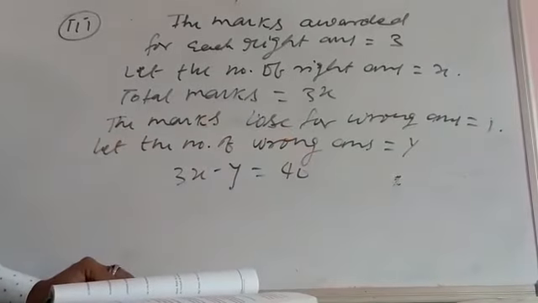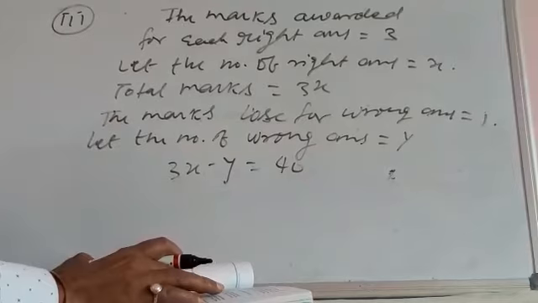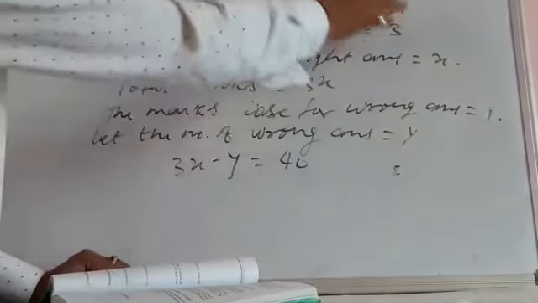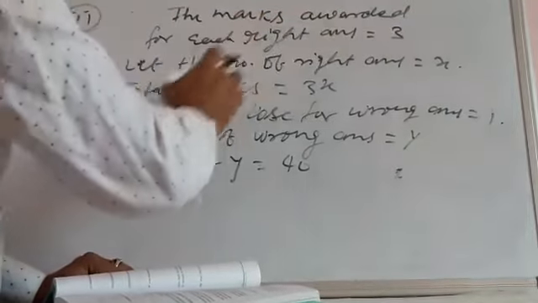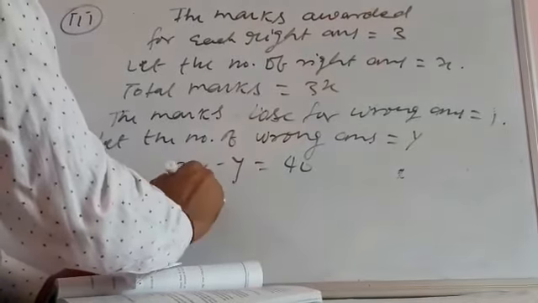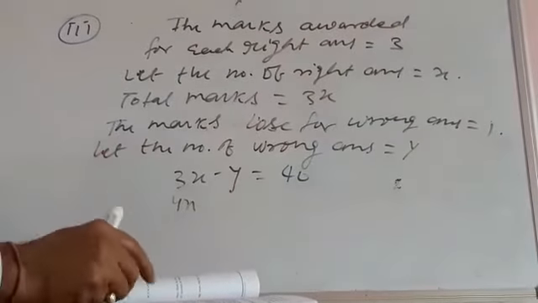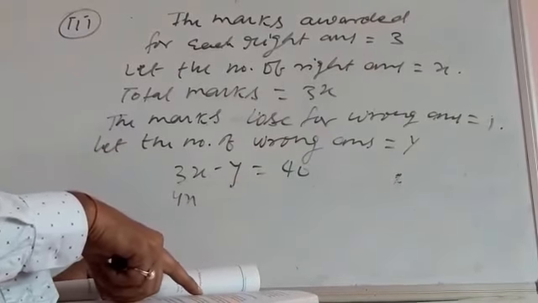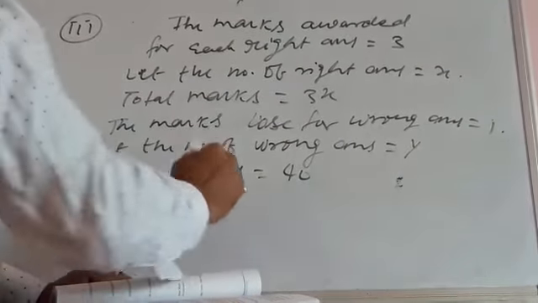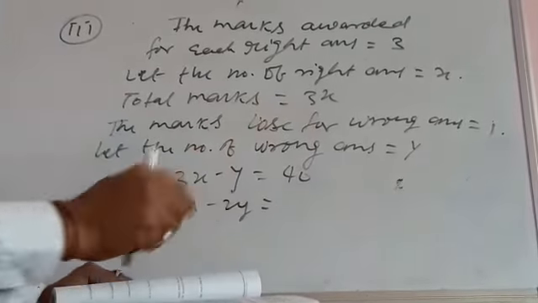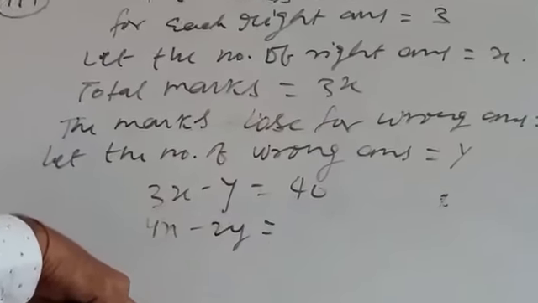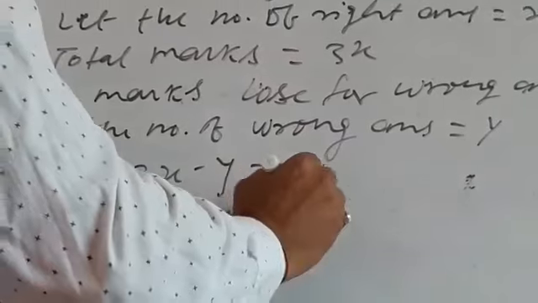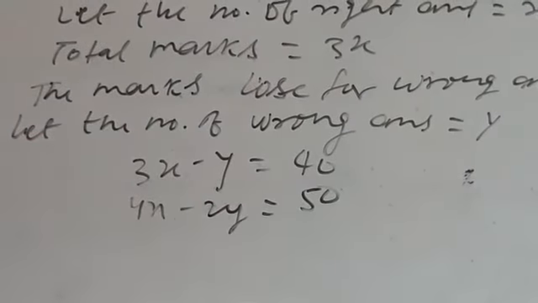This is one condition. And what is the other? Had 4 marks been awarded for each right answer and 2 marks lost for each wrong answer, so this is 4X minus 2Y is equal to 50. So this is the condition for the third part.